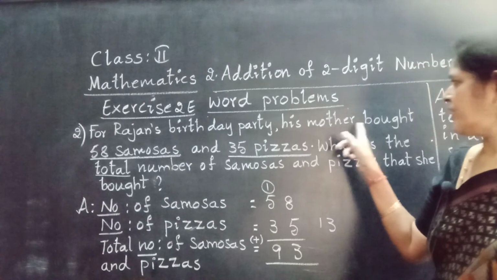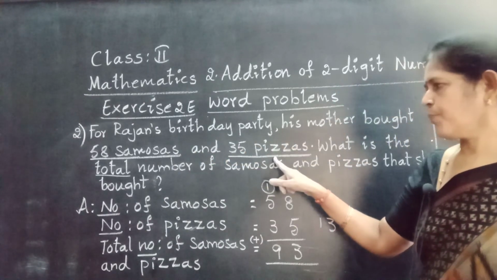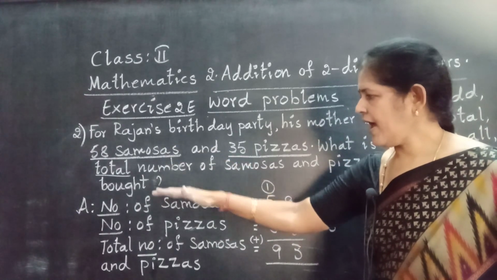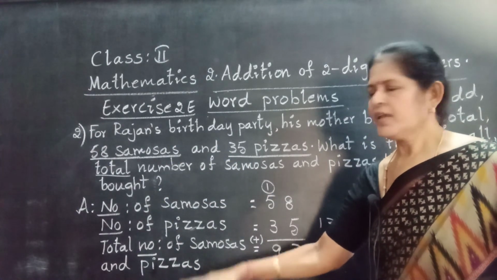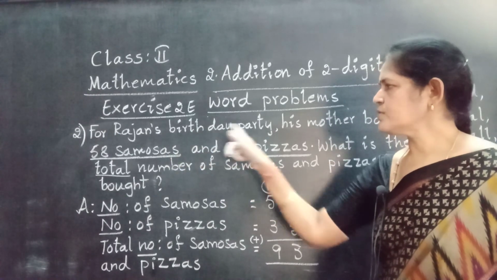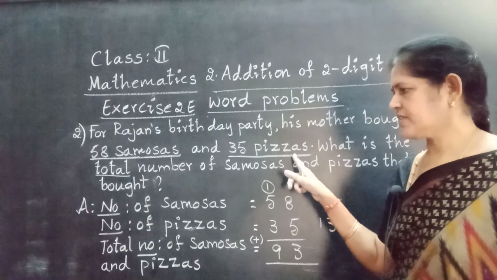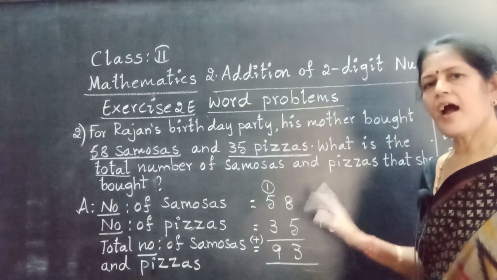First find out that and underline those important words and write the words like this. Question, leave a line and answer. In this question, Rajan's mother bought samosas and pizzas for his birthday. We get the answer by addition.